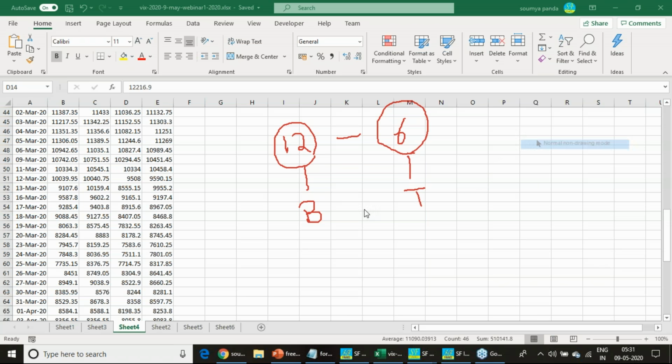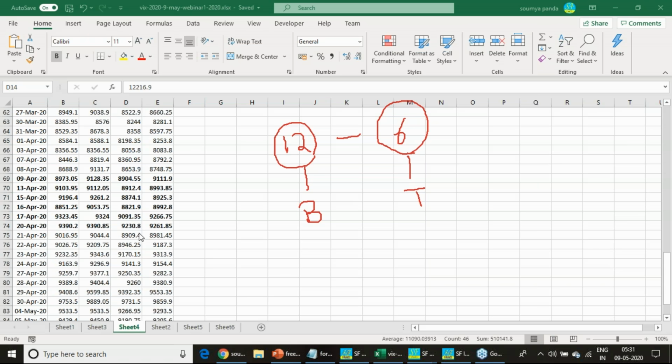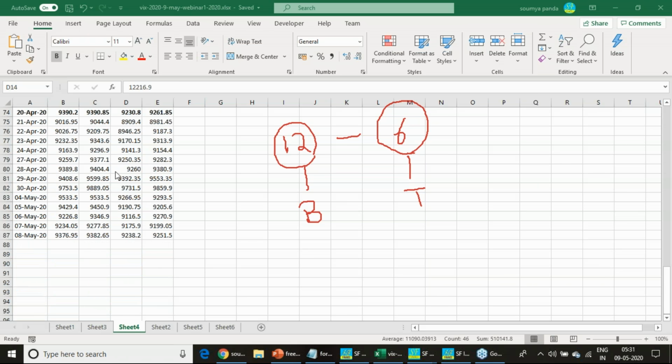If I take this date into account, when this particular high happened, which is 30th April, I can count from 30th April. Till 8th, 6 trading days are gone, and I am left with another 6 trading days.